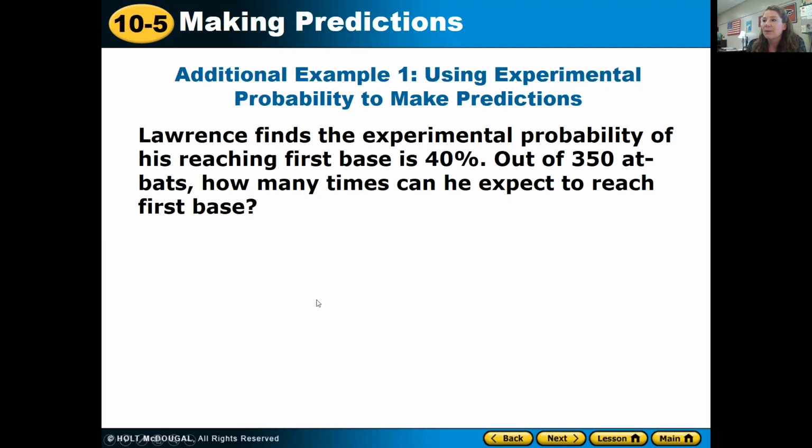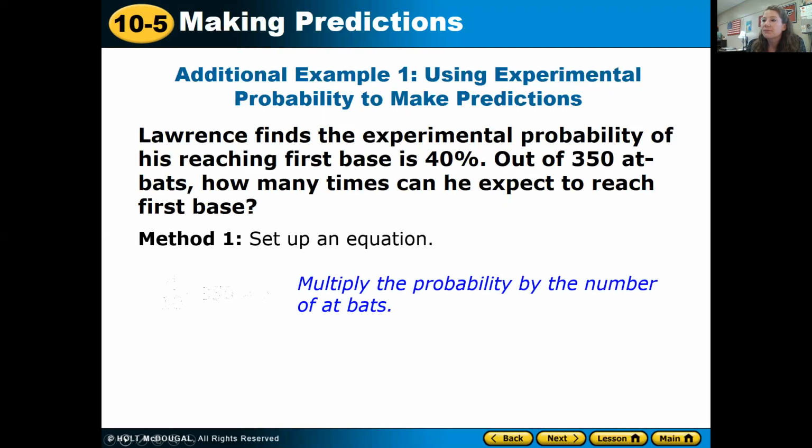He's going to take his probability, which is 40%, turn it into a decimal, 0.4, which is 4/10, and then multiply 4/10 times 350. So 4/10 times 350 is 140. So Lawrence can expect to reach first base 140 times out of 350 at-bats.